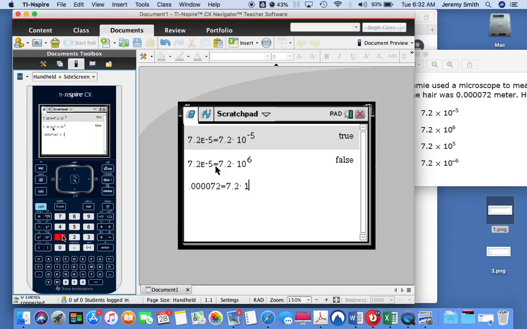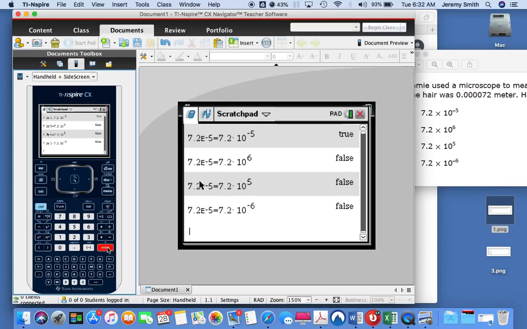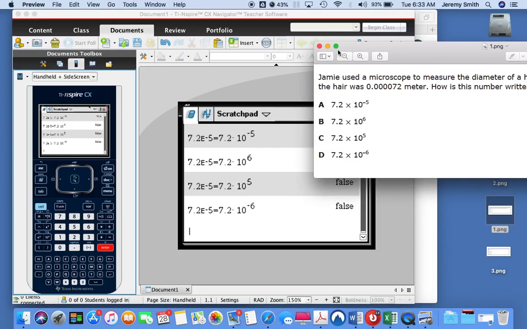That's all I am doing. Alright, so we see that's false. Last one. Alright, so I see all of these are false. This is true, and this is my answer to this particular problem. My answer will be A for this particular problem.